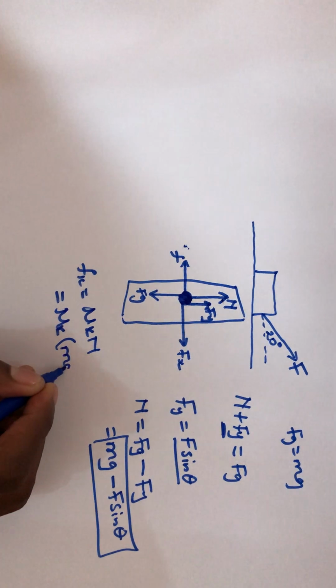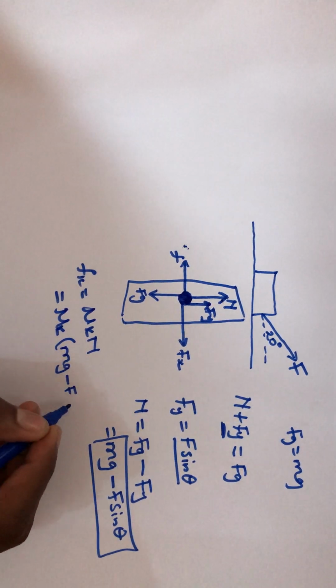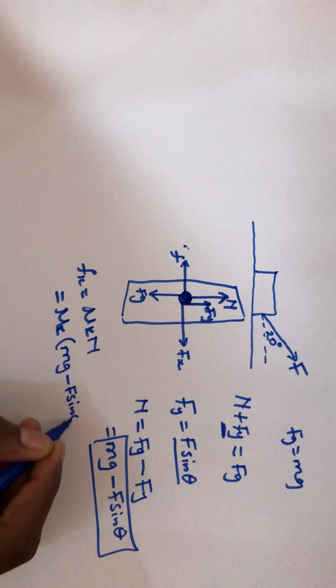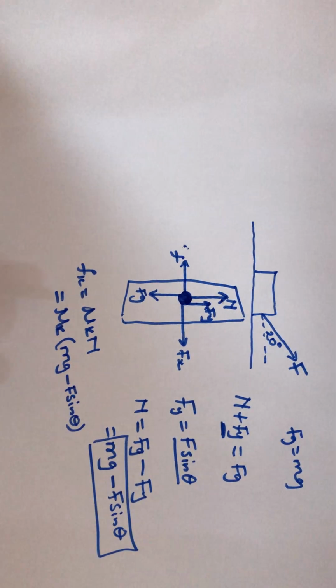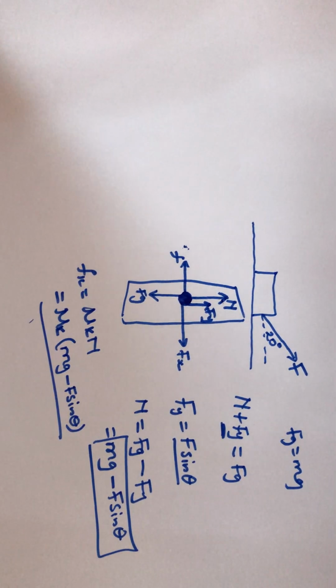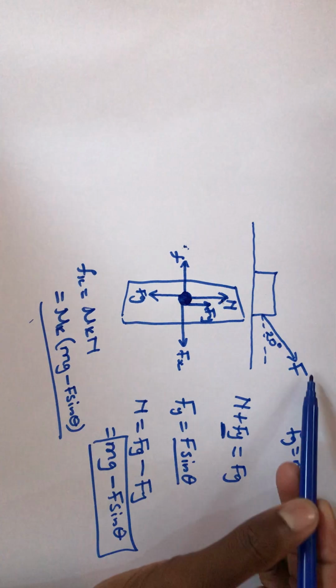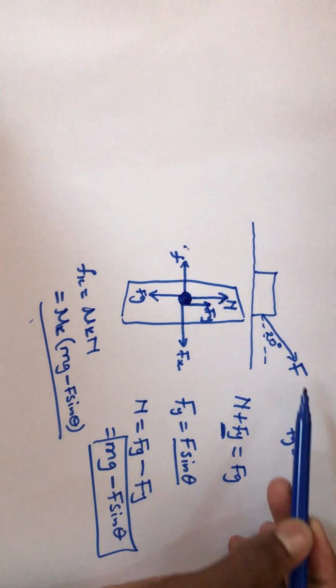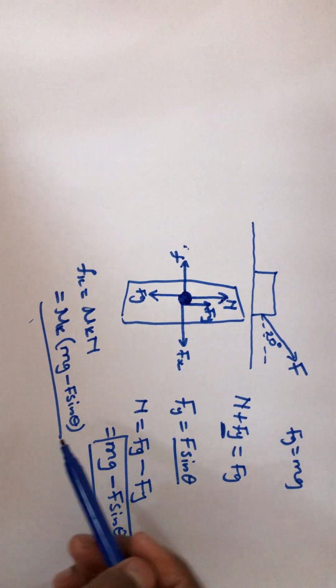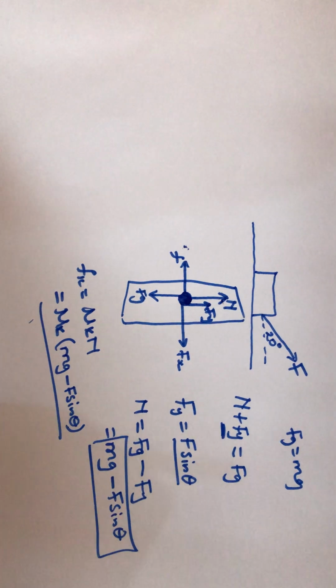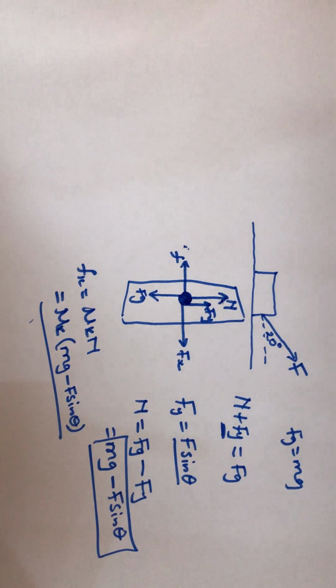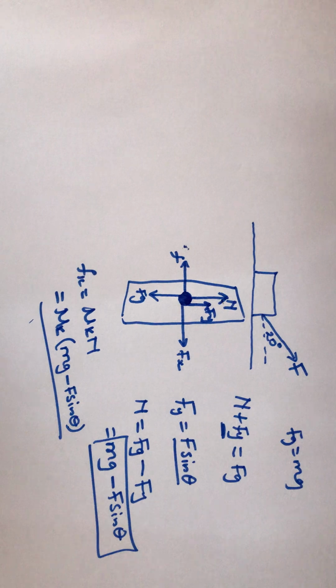So this is how we're going to calculate the frictional force in this type of situation. F is the given force, for example, and theta is the given angle. So that's how we're going to calculate the frictional force.